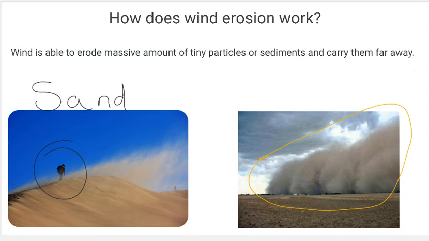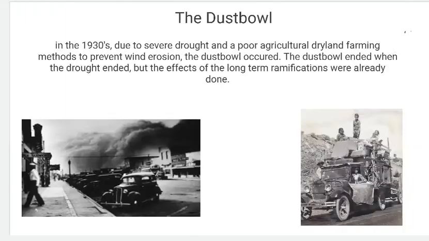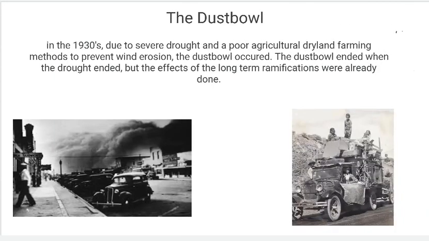One of the most famous records of wind erosion in the United States is at the time of the Dust Bowl. The Dust Bowl occurred in the 1930s, and during this time in this part of the United States, a big drought was occurring. Due to poor agricultural conditions, when there's drought, there's not as much rain. A drought means a long period of time without rainfall.